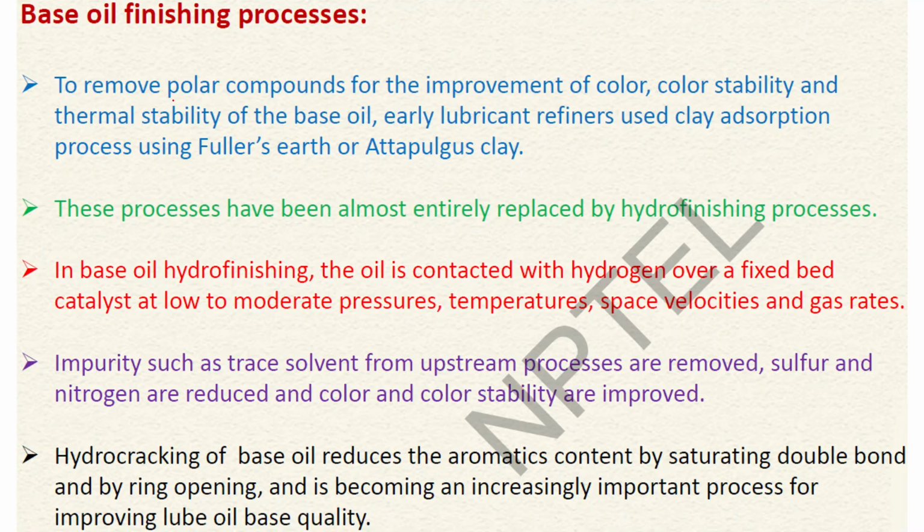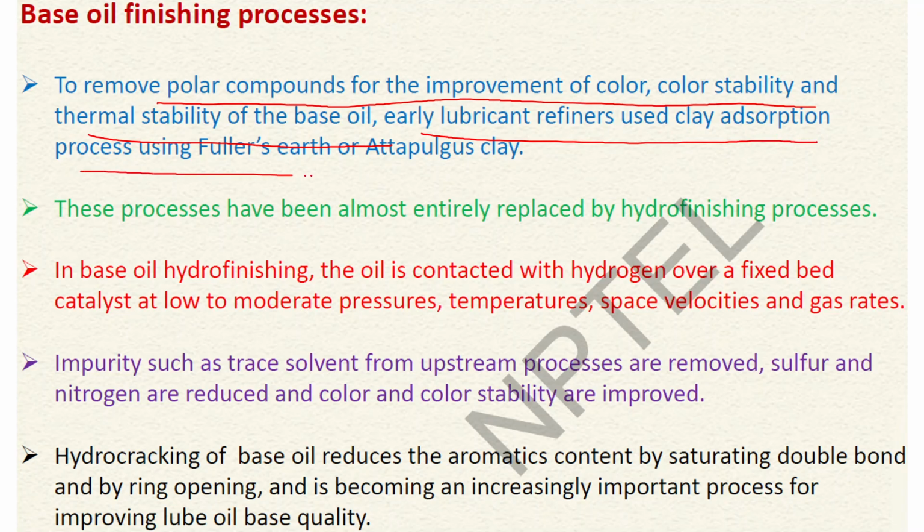To remove these polar compounds for the improvement of color, color stability and thermal stability of the base oil, early lubricant refiners used the clay adsorption process using fuller's earth or attapulgus clay. These processes have been almost entirely replaced by hydrofinishing processes.